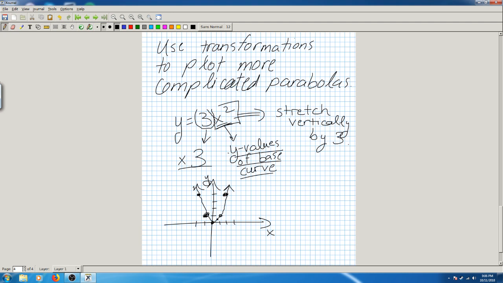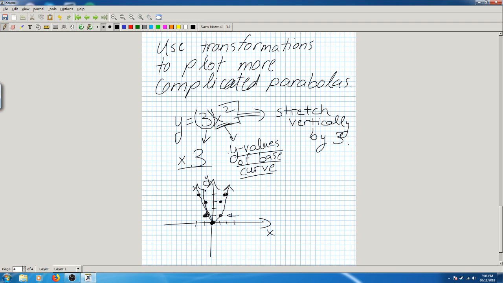If I multiply this y value, which is 0, by 3, it's still 0. So I leave it. These guys have a y value of 1. If I multiply them by 3, then I get 3. So I move the new y values up there, and I move the other y values up there.